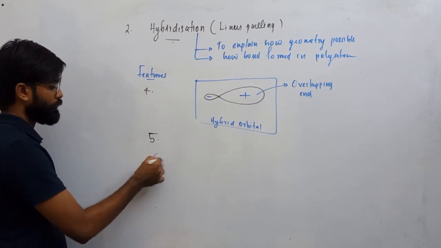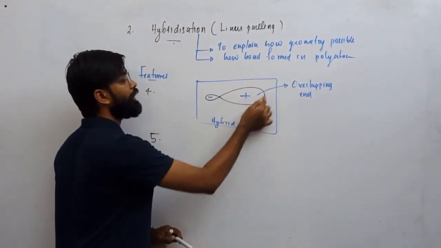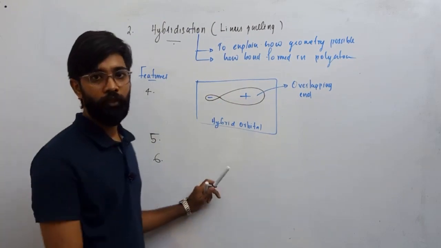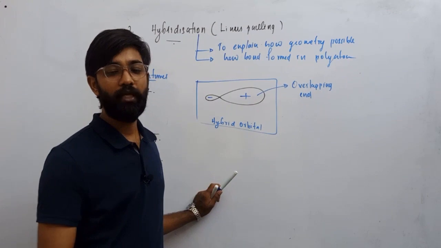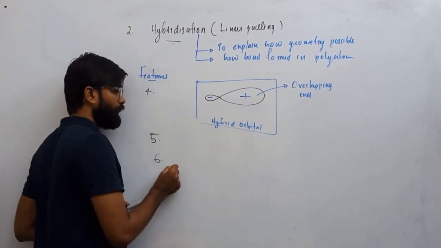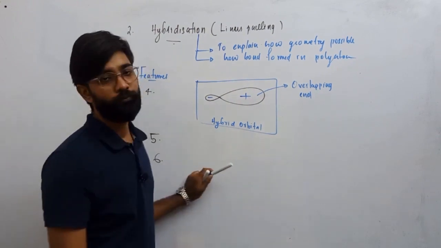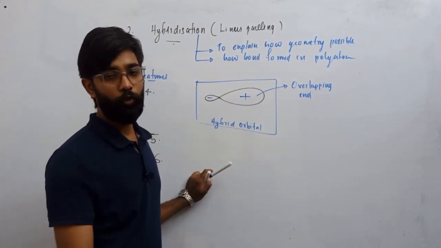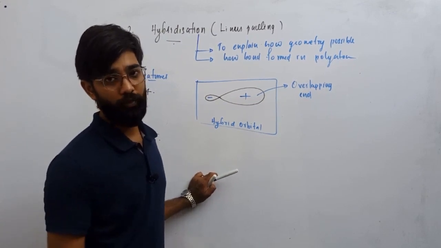Next point: since hybrid orbitals are longer, they can provide more directional bonds compared to the overlapping of atomic orbitals.